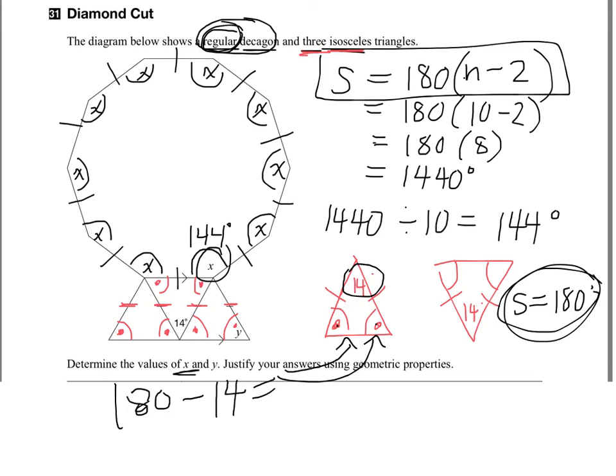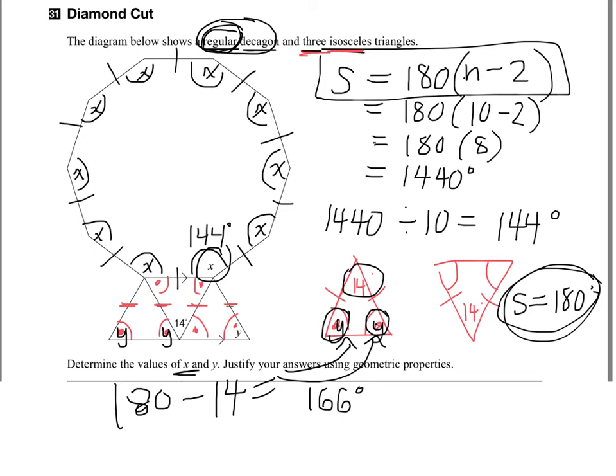Okay, does everyone understand that? If I'm taking out the 14 degrees, that means that the sum of the angles I have left are these 2 angles, which is y. So what's 180 take away 14? 166 degrees.